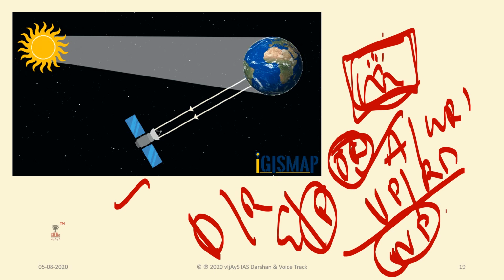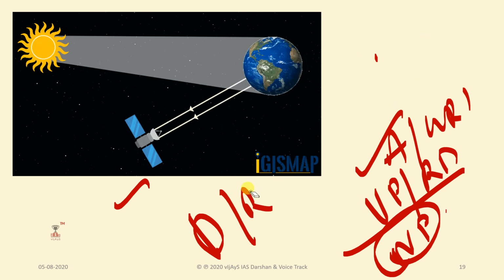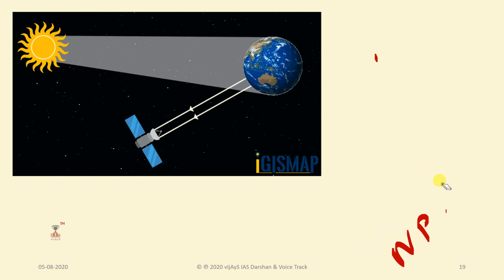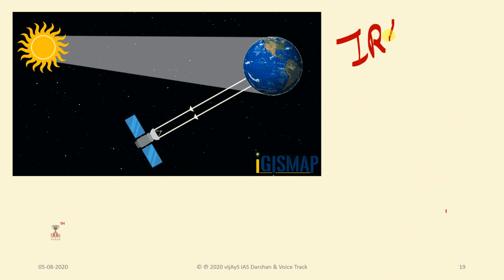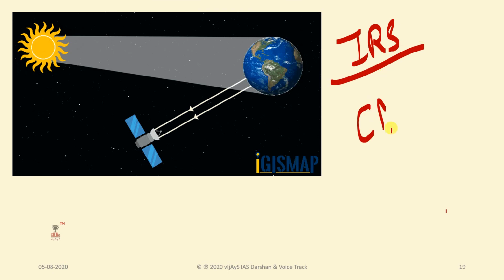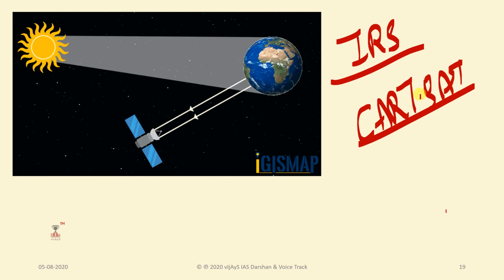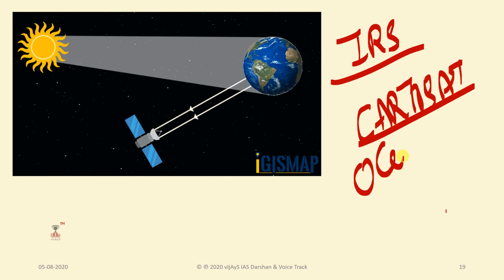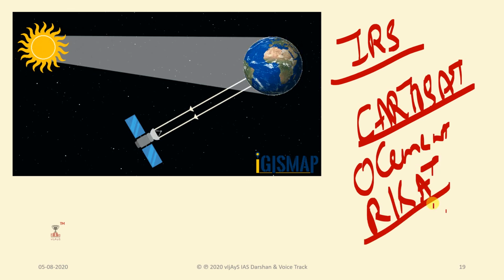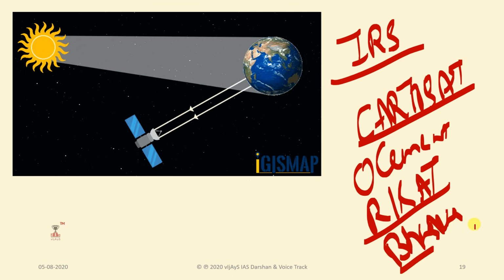And how many remote sensing satellites are there in India? If we look over that, there are nearly 4 remote sensing satellites. One is IRS, that means Indian Remote Sensing Satellite series, and Cartosat is there, and next one OceanSat, Resourcesat, that means Resources Satellite. Next Bhaskara satellites.